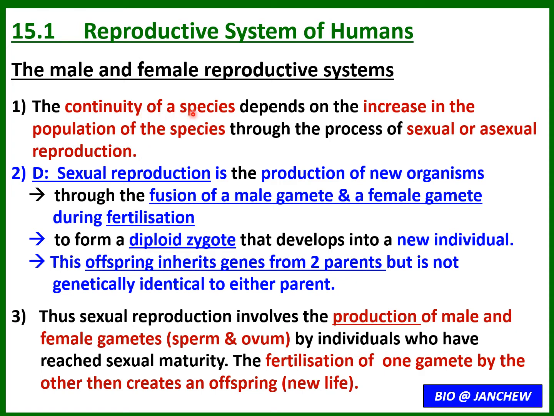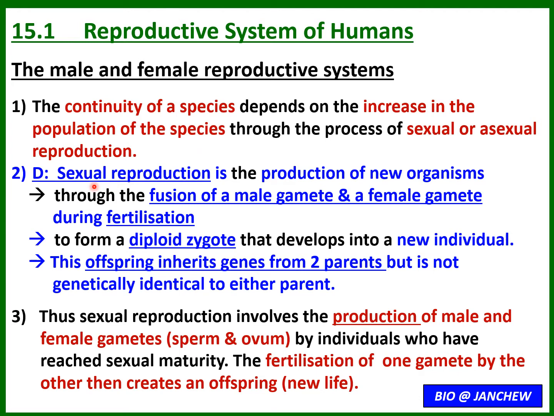All right? Because organisms will live and then die due to disease or predation or old age. Thus, new individuals must be produced through reproduction to increase or to maintain the population of the species so that the species can continue to live on or exist without going extinct.